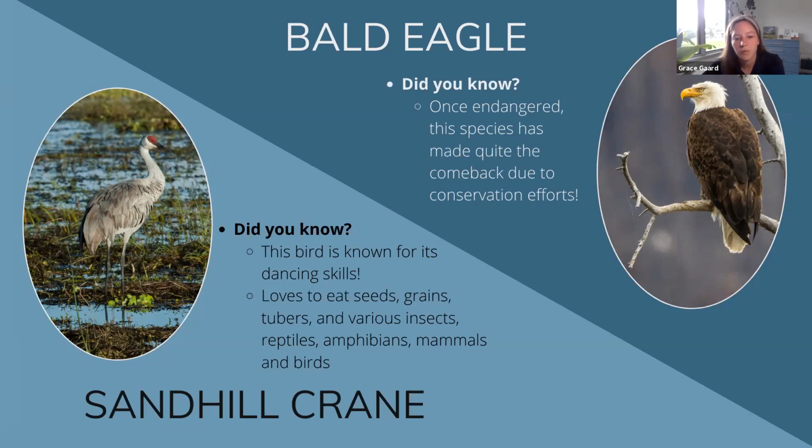If you've never seen it before, it's pretty amazing to go watch and just listen to them. They spend their time in some of those fields surrounding the riverine wetlands as well, eating plant tubers, insects, different reptiles and amphibians. So sandhill cranes are a pretty fantastic species and a good one to know in Nebraska.